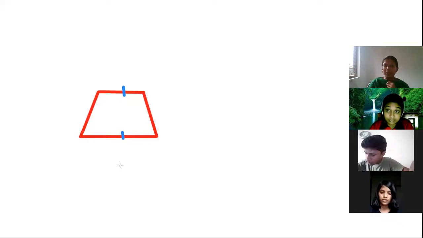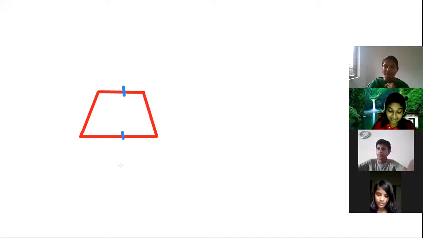What do you mean by congruent triangles? Their sides should be the same. For congruent triangles, the measures of the sides should be the same.